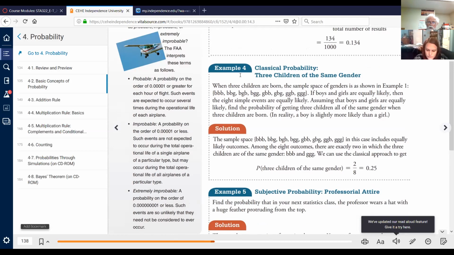But using the classical approach, which is calculating the number of possibilities, remember we had the 3 births, and we had 8 possibilities, from boy, boy, boy to girl, girl, girl as the extremes, and in between.